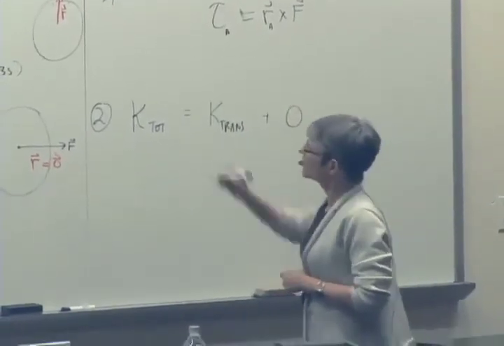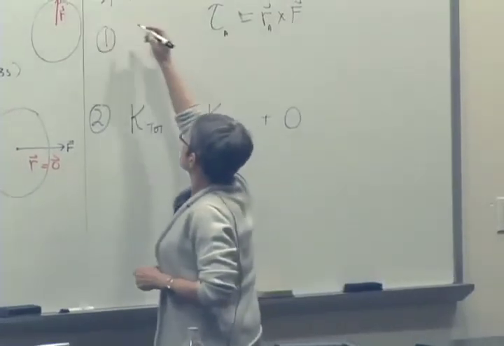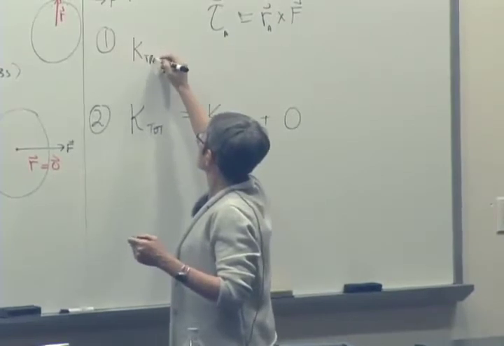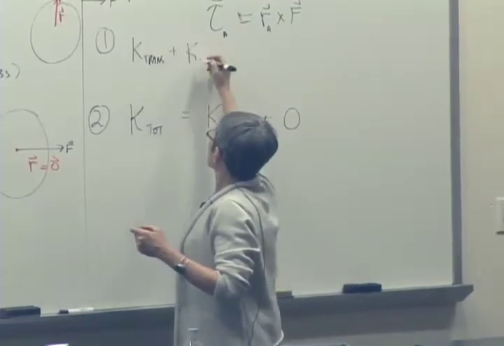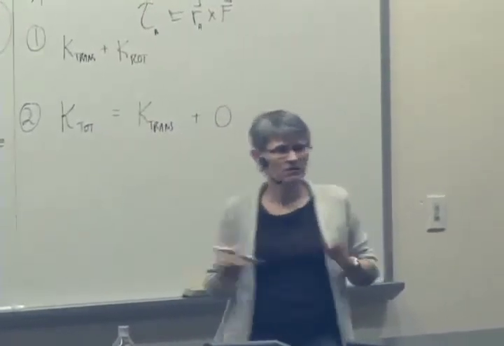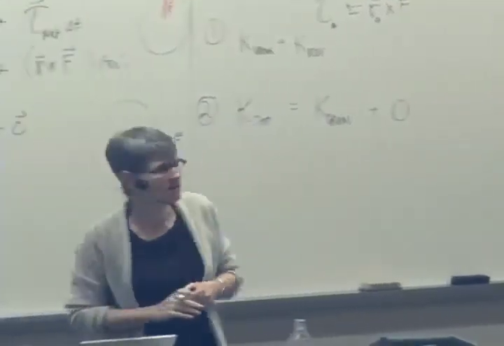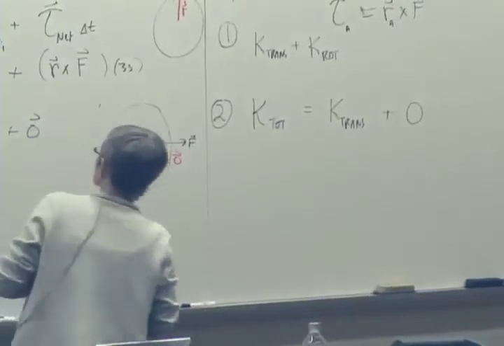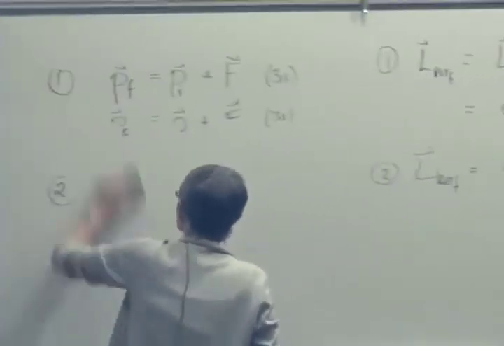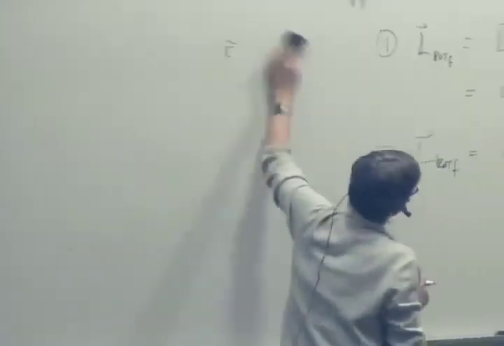For puck 1, we have translational kinetic energy. We also have rotational kinetic energy. Are the translational kinetic energies different? How do we calculate translational kinetic energy? Yeah, it's a half m v center of mass squared.